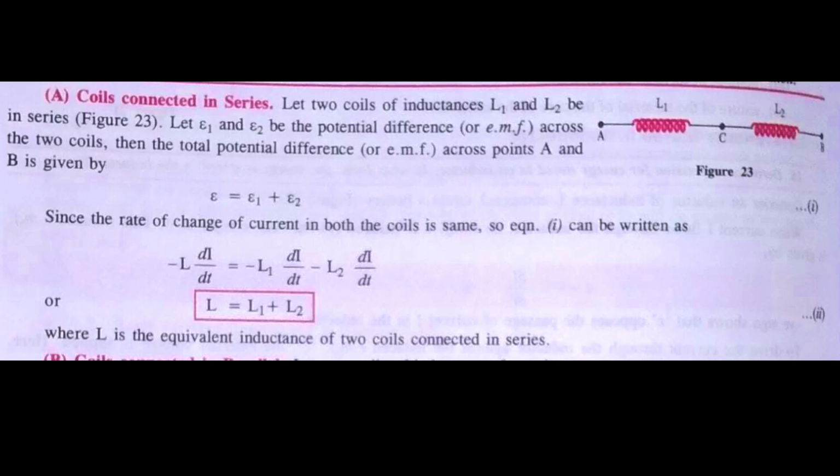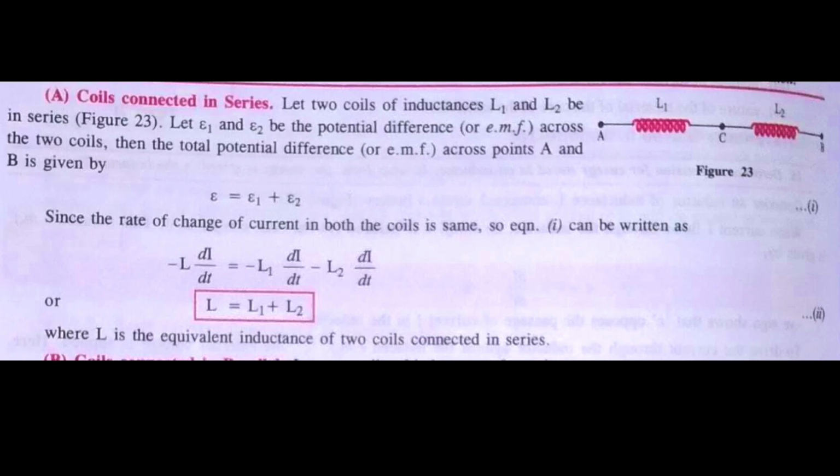For the series connection, the total potential difference is epsilon equal to epsilon 1 plus epsilon 2, and since the rate of change of current in both coils is the same, we can write the total potential difference in terms of the inductance.